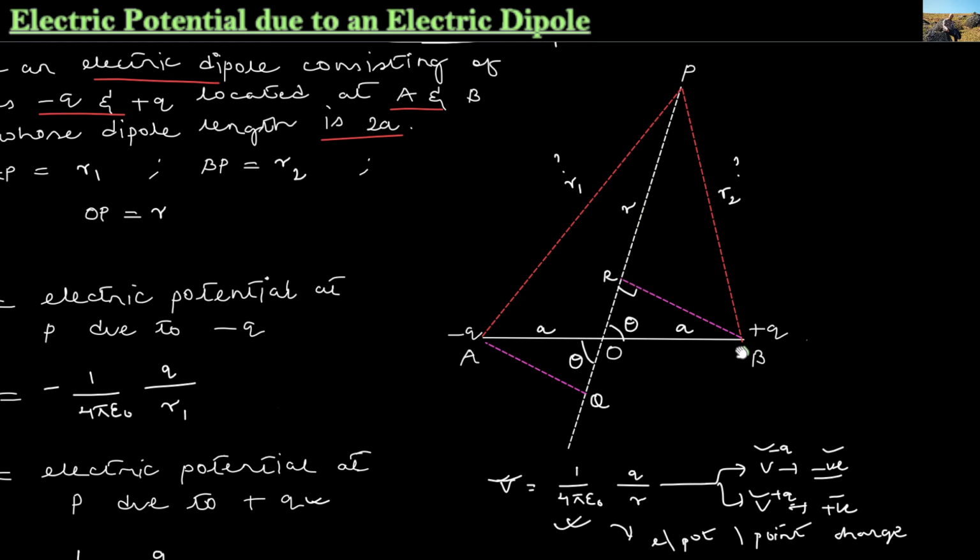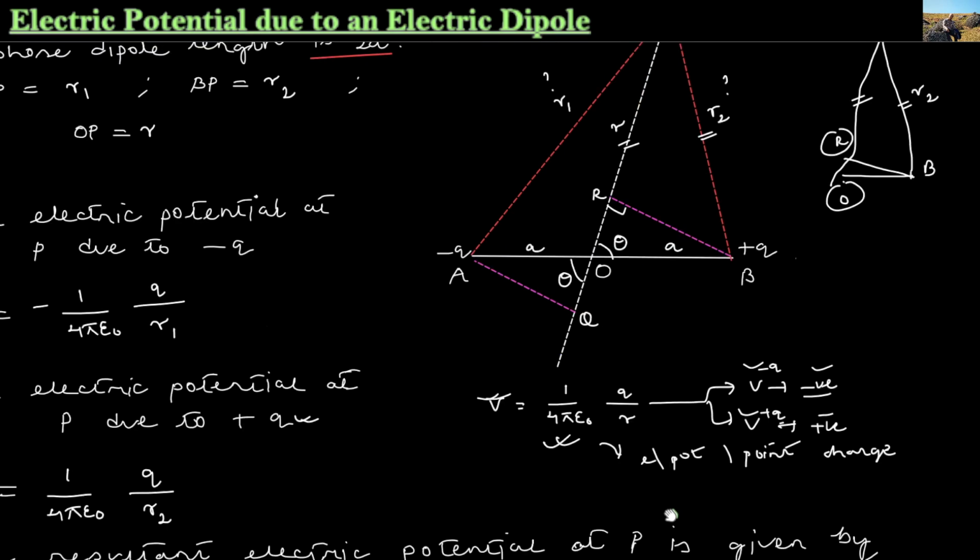When we assume that the dipole is very, very small, that means this distance BP is equivalent to this side PR, which means BP and PR are equal, provided this point is very close to the center O of the dipole.